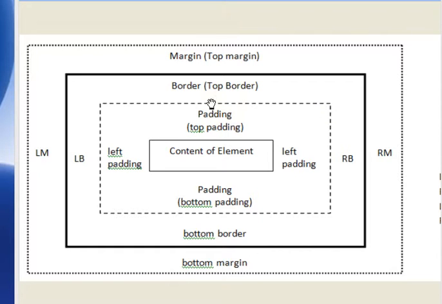And after the padding there is a border line, the border that we want to set in our HTML element. So this is exactly what the border line is. And just outside the border line there is a margin line. This dotted line is the margin line.